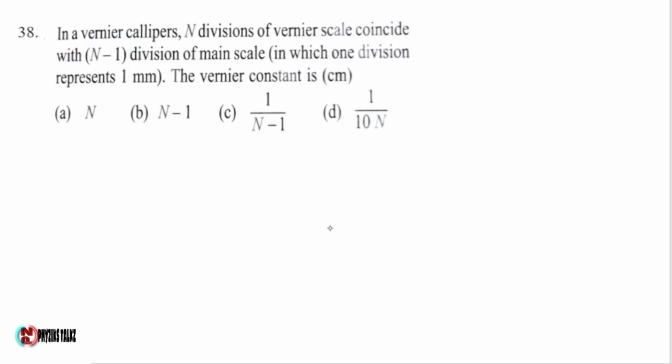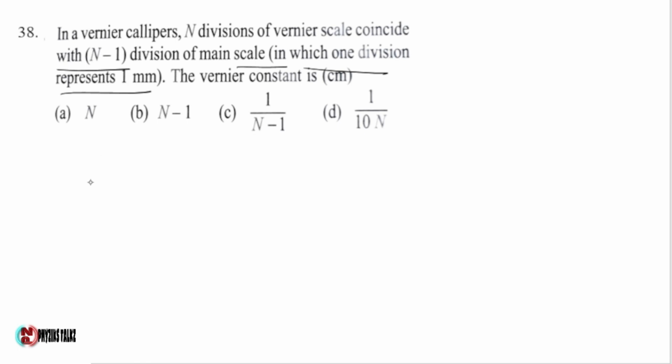Next question. In a vernier calipers, n divisions of the vernier scale coincide with n minus 1 divisions of the main scale, in which one division represents 1 millimeter.